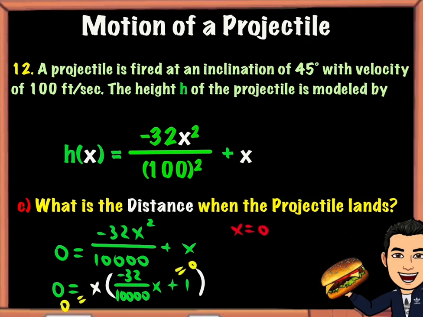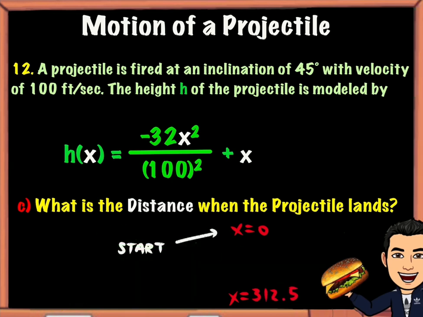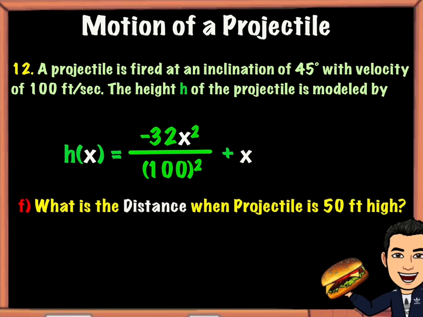X equals 0 or negative 32 over 10,000 x plus 1 equals 0. And the other x is going to equal 312.5. X equals 0 is when the projectile is starting to shoot. So the other x value, 312.5, is when the projectile lands on the ground. So this is the one we want. X equals 312.5.